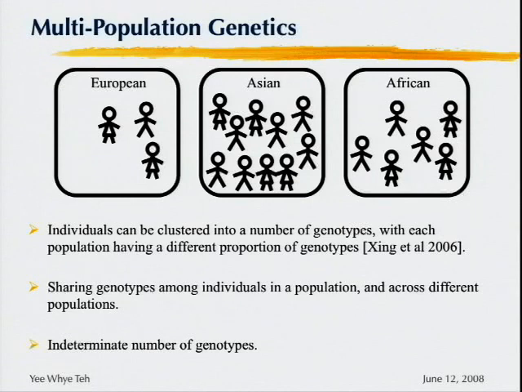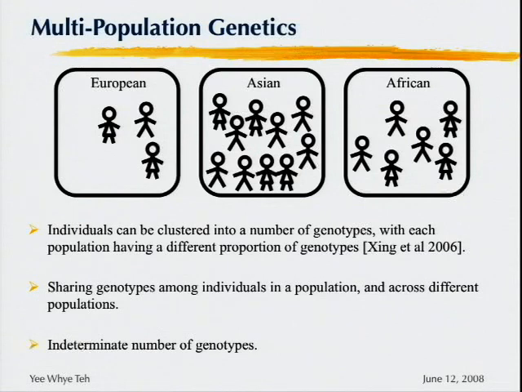In genetics, this sort of problem has also occurred. For example, you might have multiple populations of individuals, and you might want to cluster the individuals into different clusters based on their genotypes.